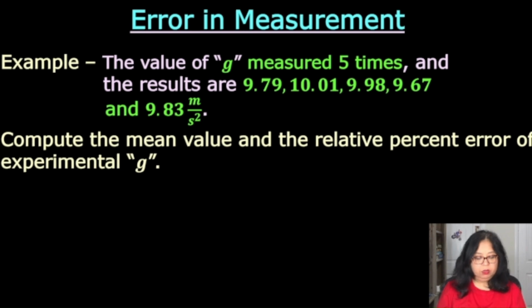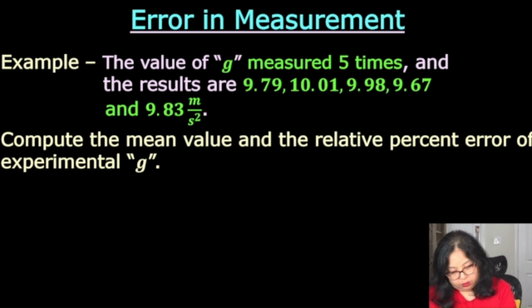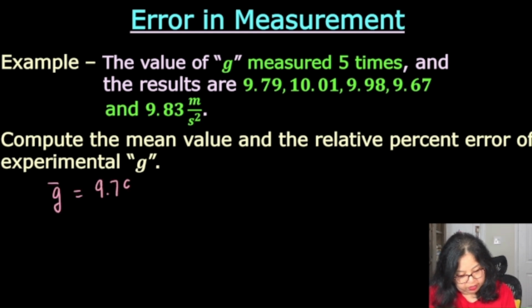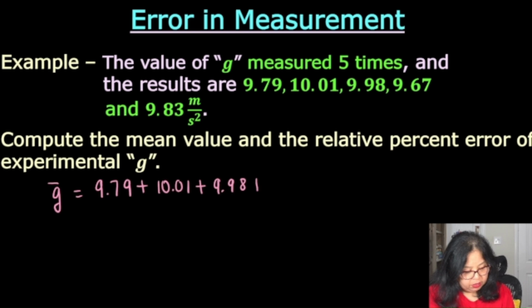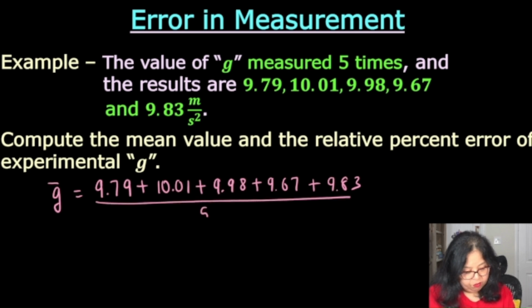Very well. The mean value of the experimental value of g, g bar, will be equal to 9.79 plus 10.01 plus 9.98 plus 9.67 plus 9.83 divided by 5.